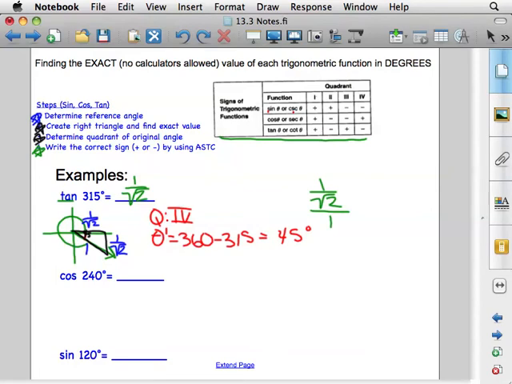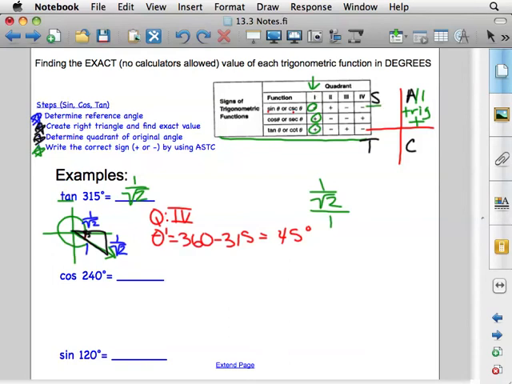Now there's a mnemonic device we can use to remember this. If we draw our 4 quadrants, the saying goes: all students take calculus, or add sugar to coffee. This means in our first quadrant, all of our trig functions are positive.